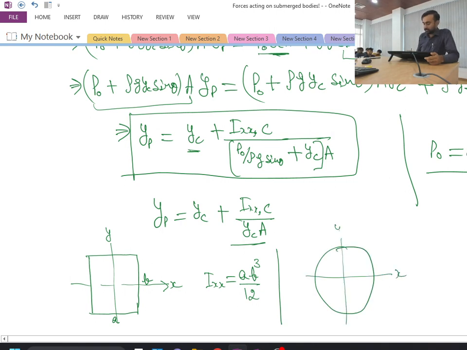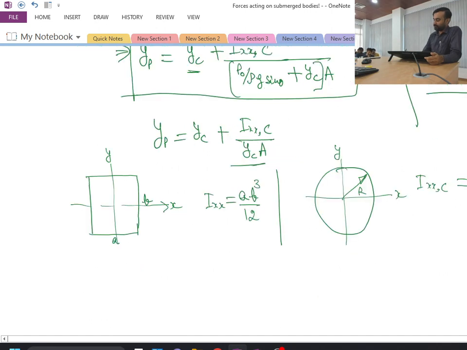If you have a circle with radius r, then Ixx about its centroid is pi r to the fourth divided by 4.